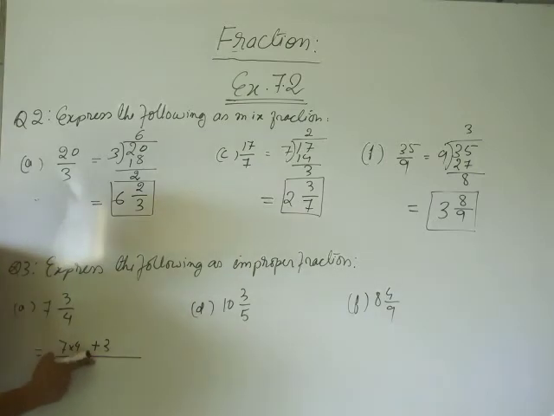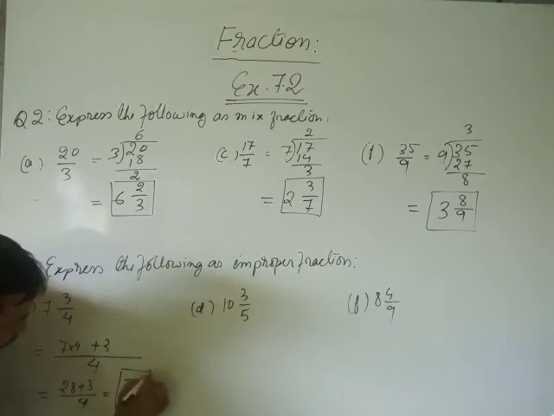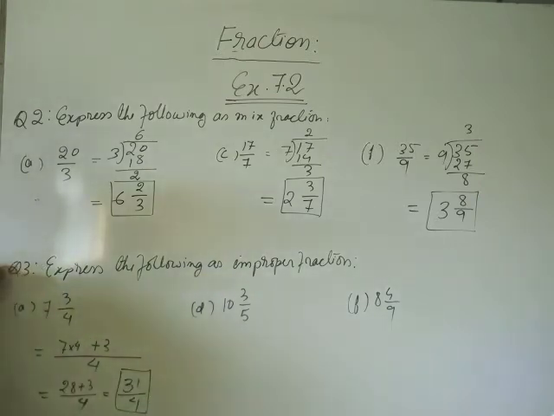The denominator will be the same, 4. 7 fours are 28, plus 3 is 31 by 4. 31 by 4 is the improper fraction converted from the given mixed fraction.